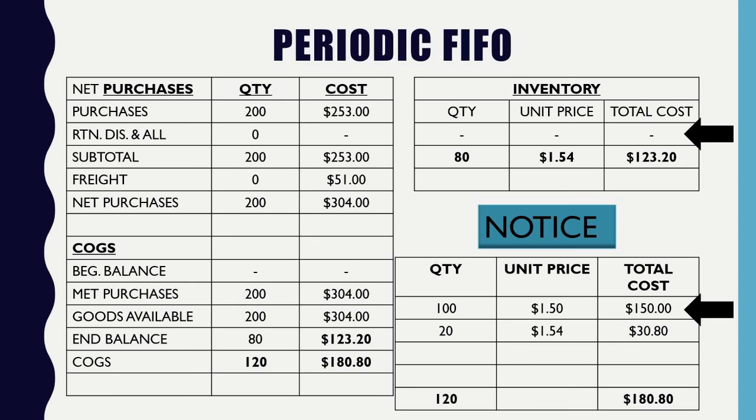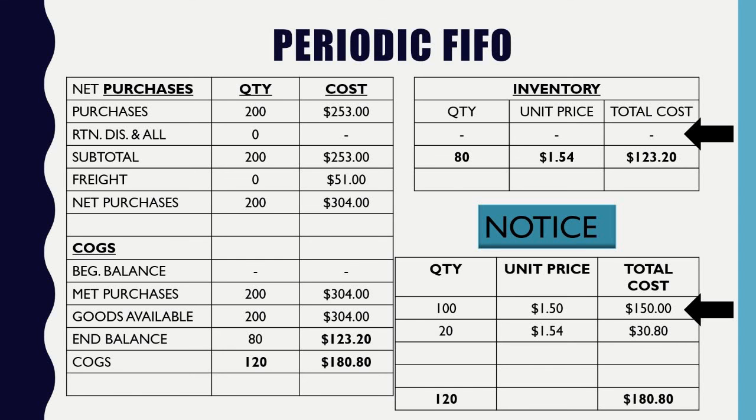Okay. Now, one thing that I believe I forgot to mention is all of these that you're calculating right now only happens at the end of a given period. Okay? So in this case, we ended our period in the middle of the month, right?